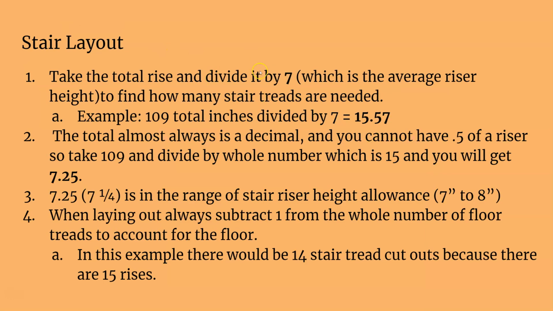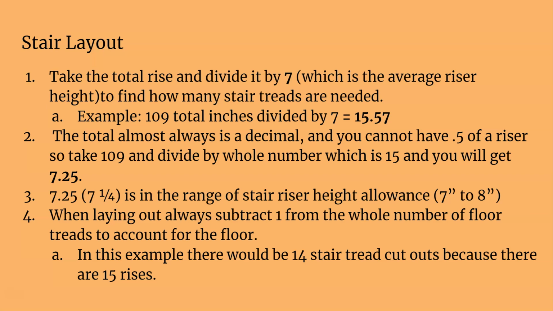So you take this number and you divide it by 7. Why 7? Well, 7 is the minimum height of your steps. This works for any number: you measure the height from finished floor to finished floor, and you divide that by 7.